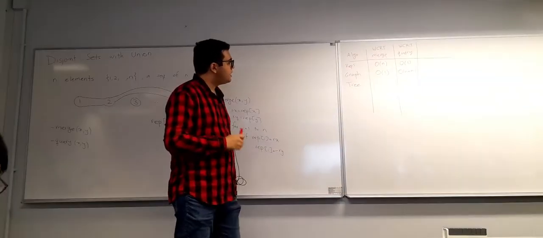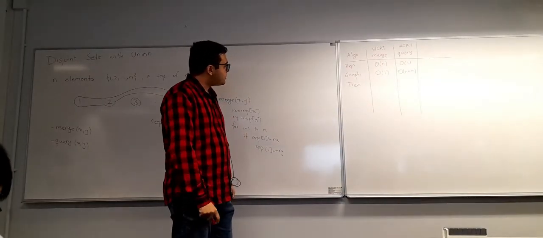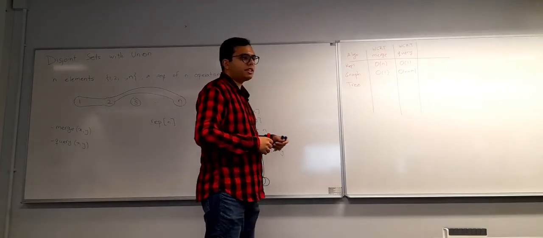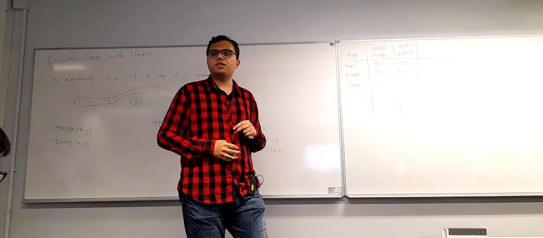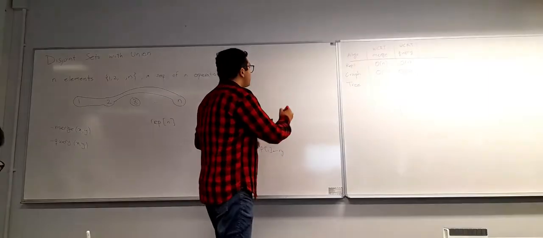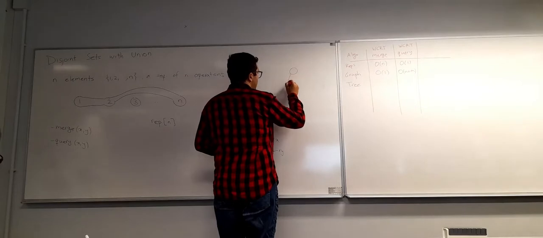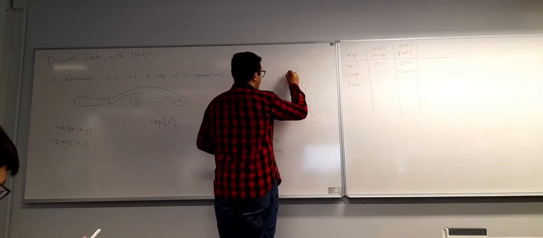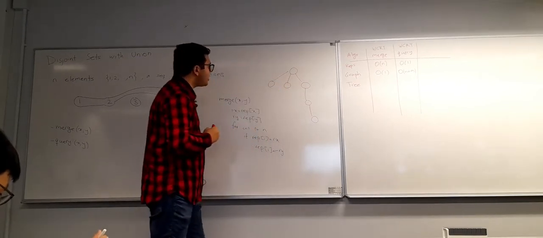Okay. Now, if I want to keep a tree, and let's say I just give it some orientation such that one of the nodes of my tree is its root. So now each one of my connected components looks like this. I have a tree. It's not necessarily a binary tree or anything.